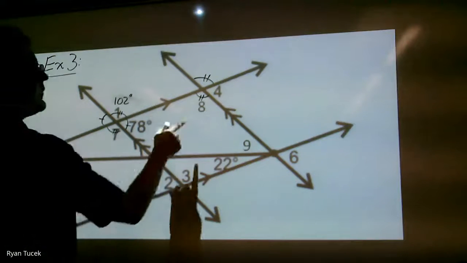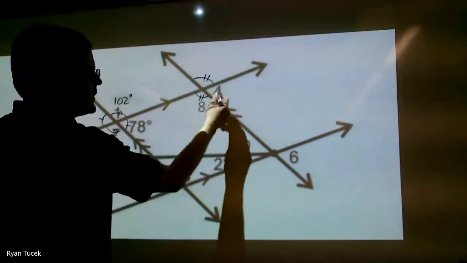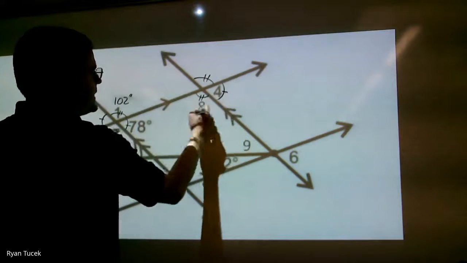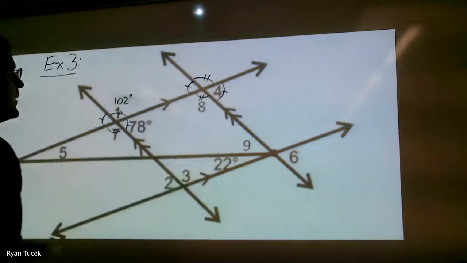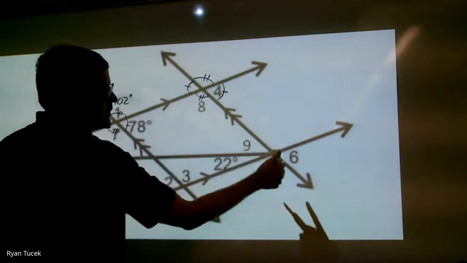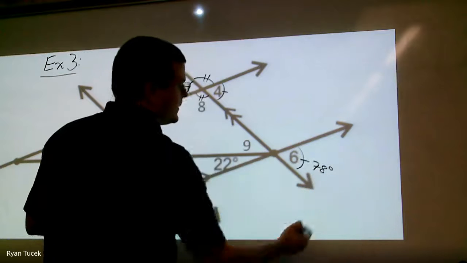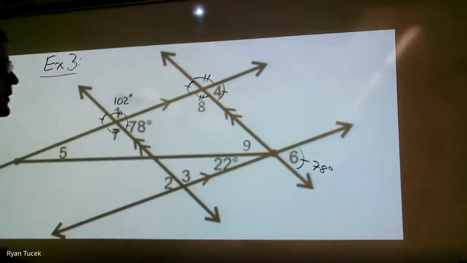And if this is 102 here and I draw that line that splits the circle, this one here must be 78 degrees, and this one over here must be 78 degrees. So angle 4 is 78, which makes angle 6 78 degrees over here because of corresponding angles.